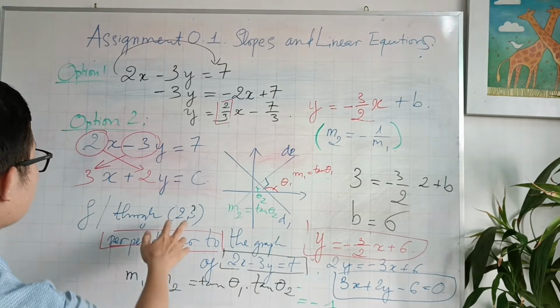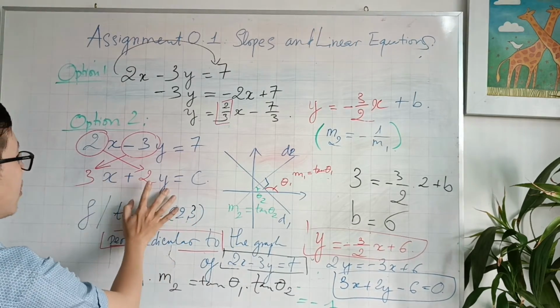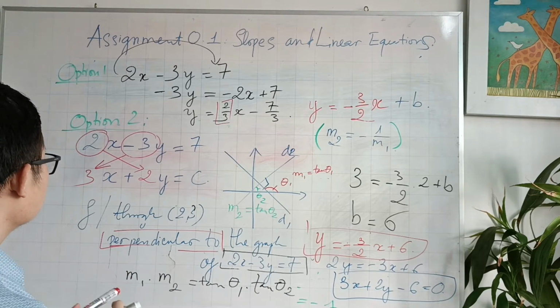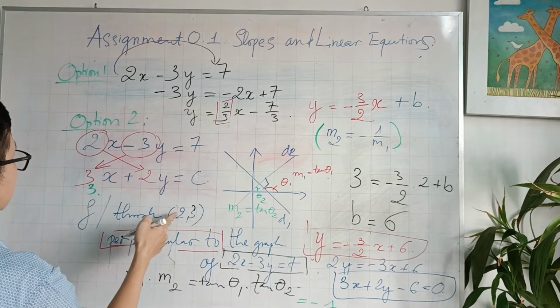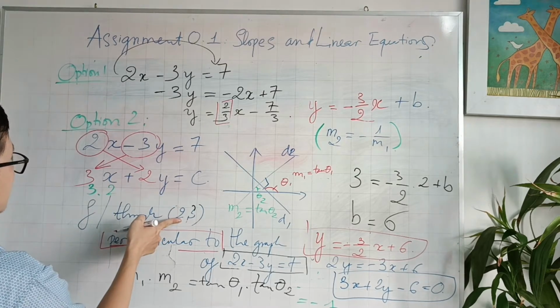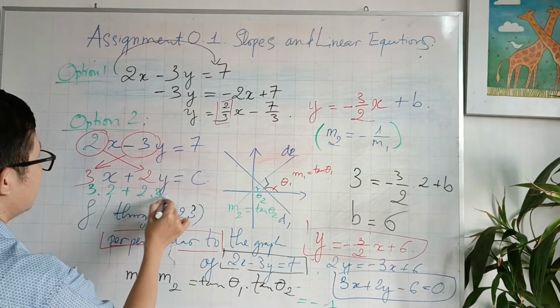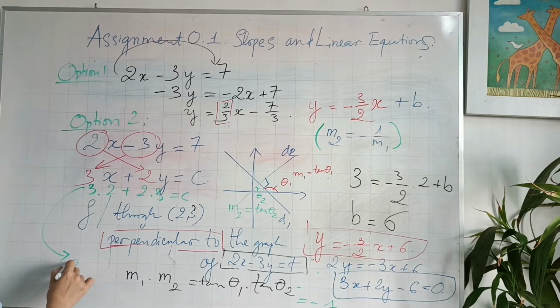Okay, so we substitute the coordinates of this point for x and y, and we have the last answer. 3 times x, which is 2, plus 2 times y, which is 3, equals c. So the answer is c equals 12.